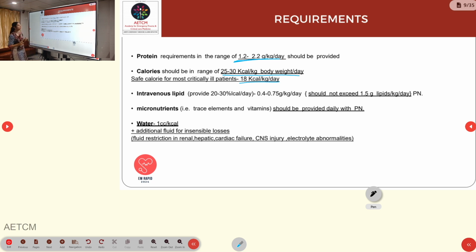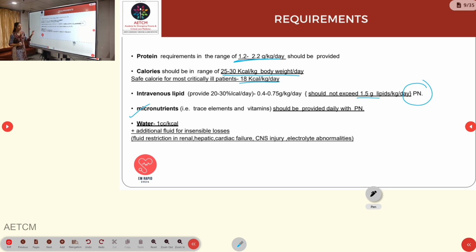And in patients, other than proteins and calories, we will give intravenous lipid, especially in case of parenteral nutrition, usually 0.4 to 0.75 gram per kg per day, and it should not exceed 1.5 gram per kg per day. And some micronutrients are also required for the patient, and they will usually be included with the enteral diet and should also be provided with the parenteral nutrition.